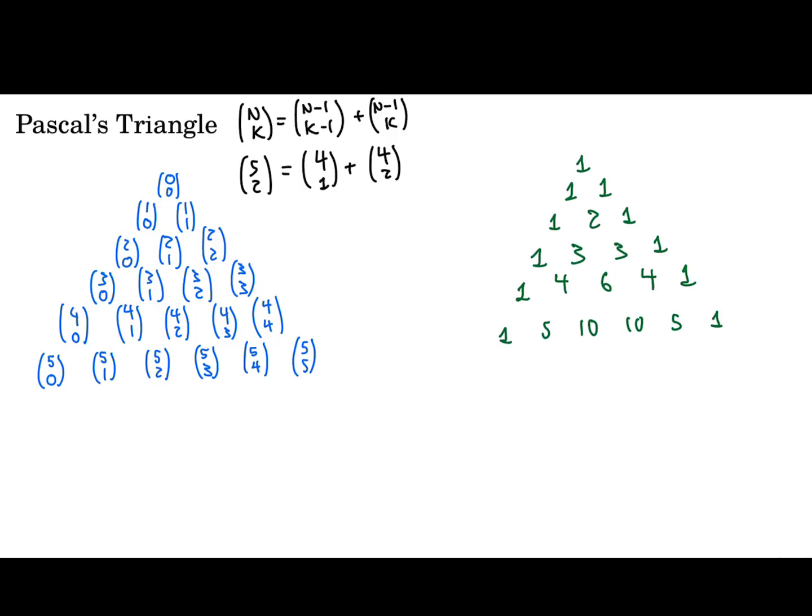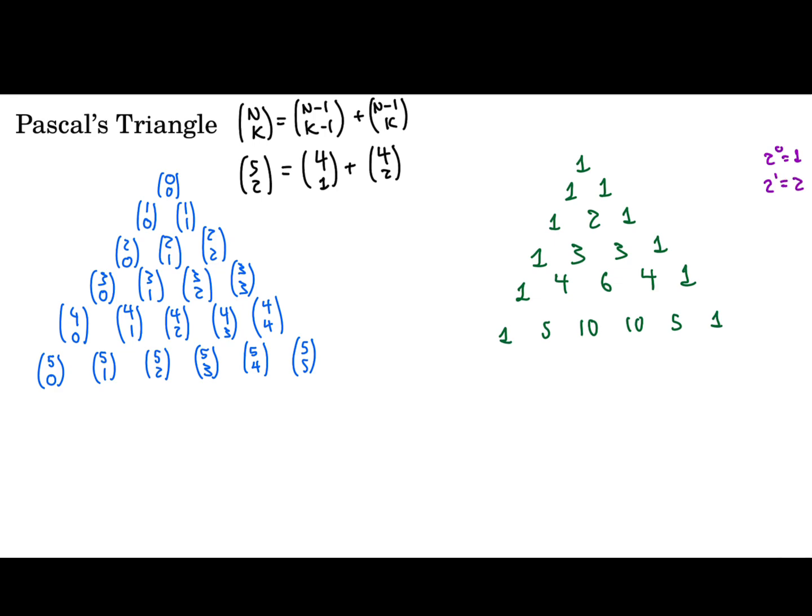The other thing that's interesting here is, if you look at the rows, we saw that when you sum up these rows, remember the sum of the n choose k was 2 to the power of n. So if you sum up the rows, let me write those sums here. For the first row, you get a sum of 1, which is 2 to the power of 0, right? So 2 to the power of 0 equal to 1. For the second row, you get 2 to the power of 1, which is equal to 2. So 1 plus 1 is 2.